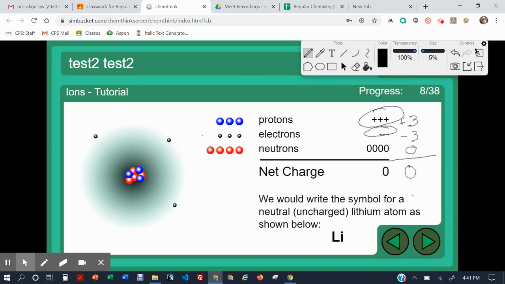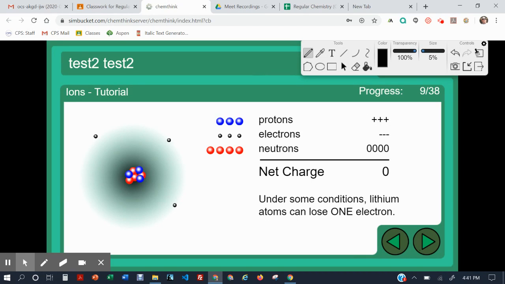We would write the symbol for a neutral uncharged lithium atom as shown below. So if you look up in the periodic table, this is what you will see. Under some conditions, lithium atoms can lose 1 electron. So there it goes.